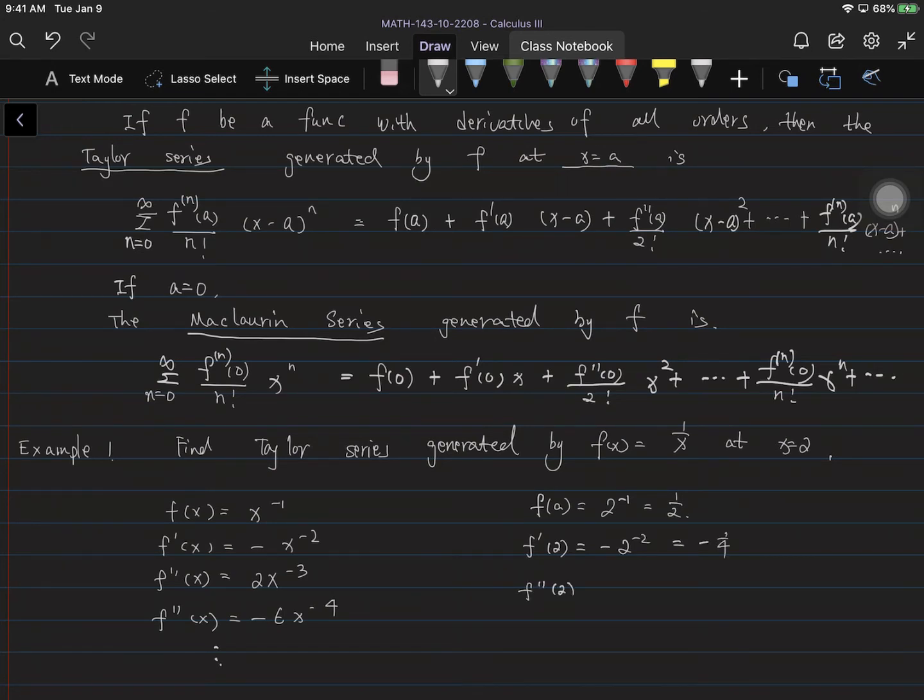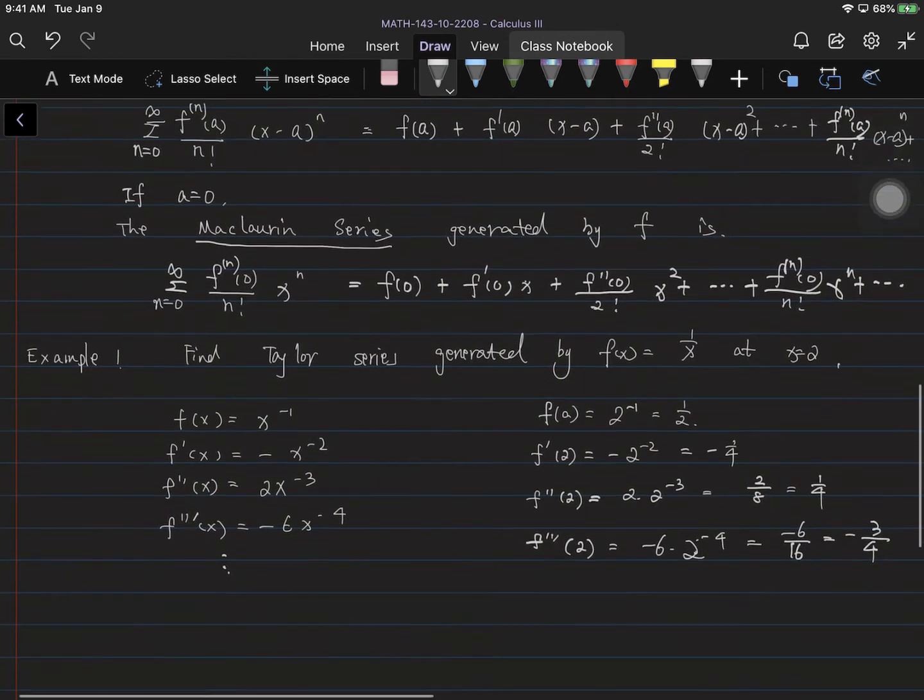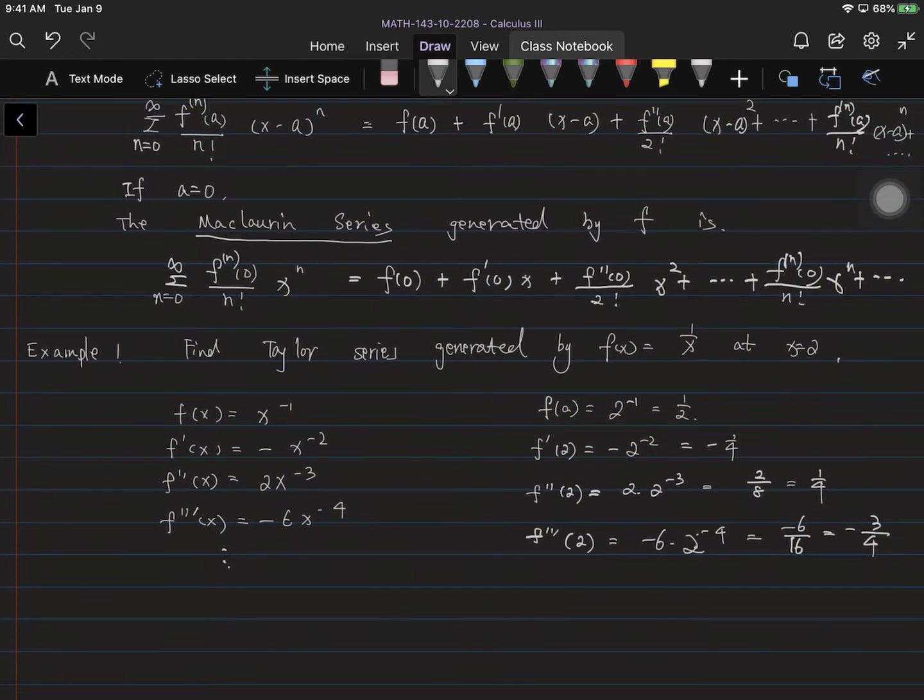F double prime(2) is 2 times 2 to the negative 3, so 2 over 8 is 1/4. And the third derivative at a is negative 6 times 2 to the negative 4, so negative 6 over 16, which is negative 3/8. Okay, then our Taylor series should be f(2) plus f prime(2) times (x minus 2).